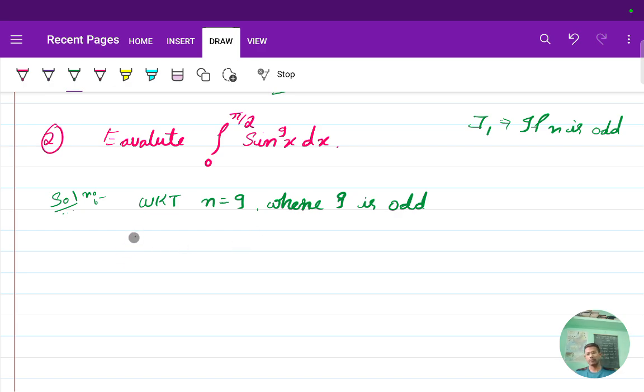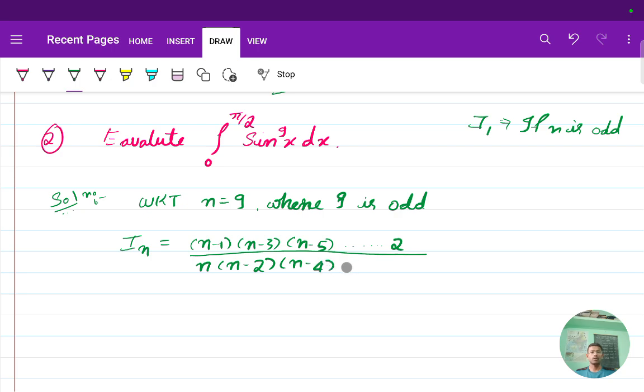What is the formula? In is equal to (n minus 1)(n minus 3)(n minus 5) and so on up to 2, whole divided by n into (n minus 2)(n minus 4) and so on up to 3, into I1. The last integral is I1.